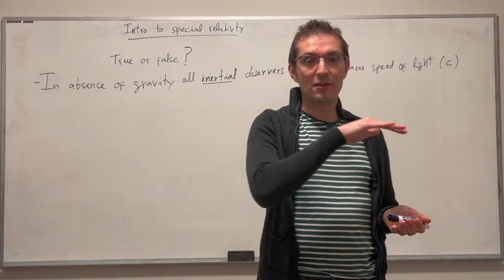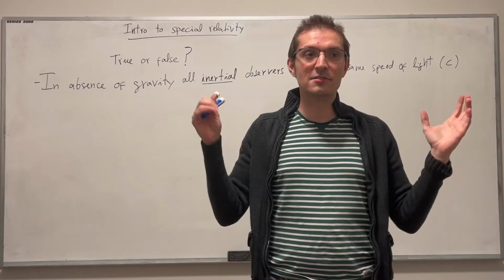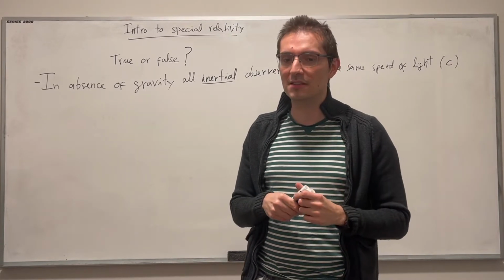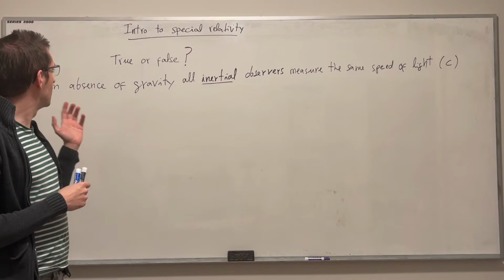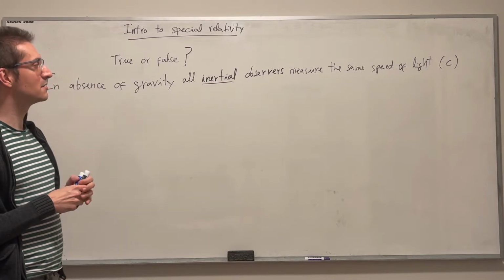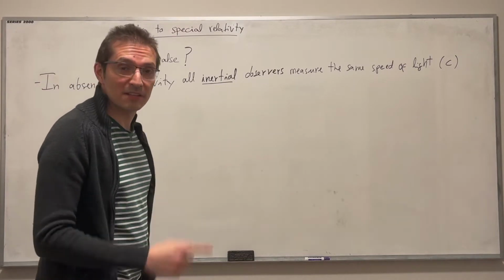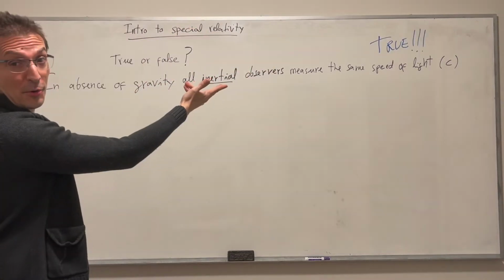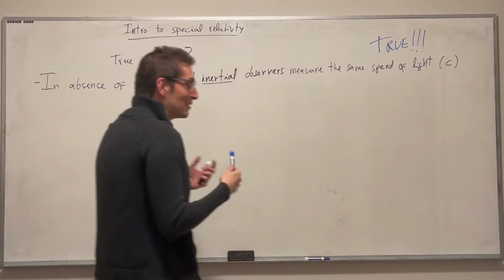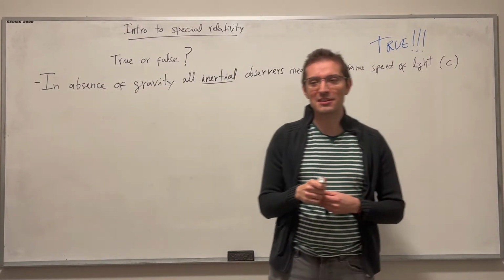So you are in a constant state of motion. Okay, you experience no forces. If you experience no forces, that's an inertial observer. So, in the absence of gravity, all inertial observers measure the same speed of light. And that statement is, again, within the context of special relativity, true. Finally, we found a true statement within the context of special relativity.